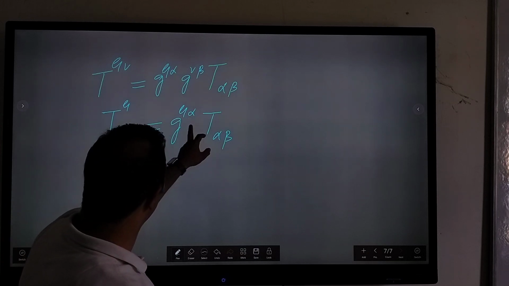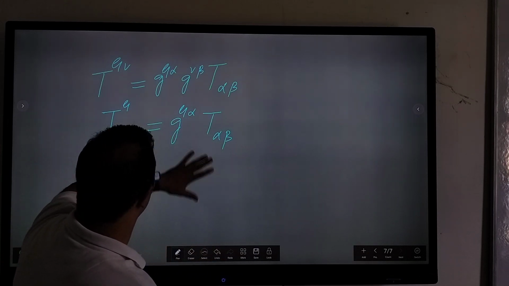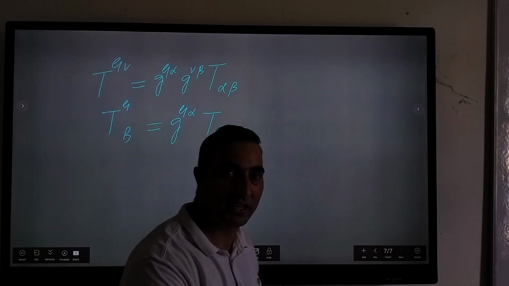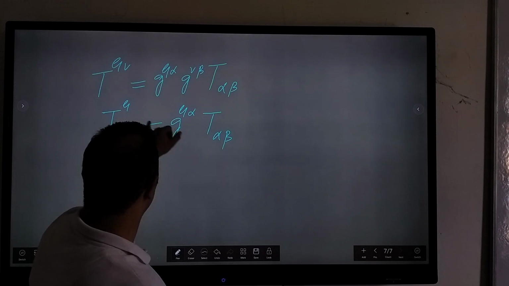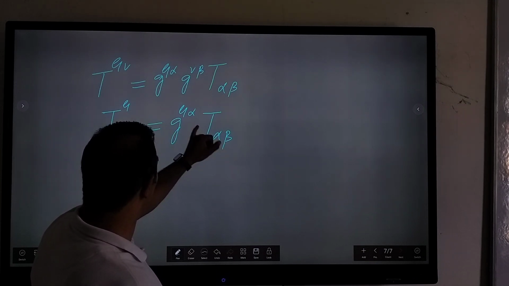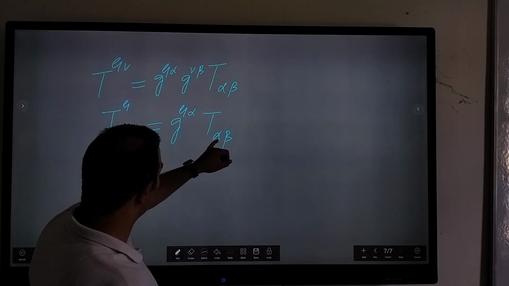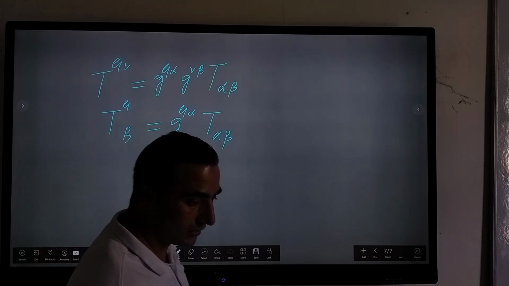Because alpha and alpha will contract, so you will get that mu beta, right? Because this is very easy. Here you have to remember which indices you need finally, because here what do I need? So beta is as it is. I need to contract it because I am getting subscript here alpha, so alpha should be in the G matrix, right? So this alpha and alpha will contract, so you will get at the superscript that mu.